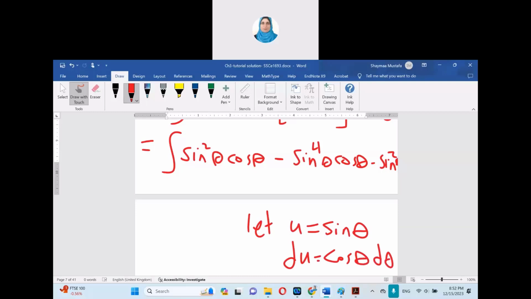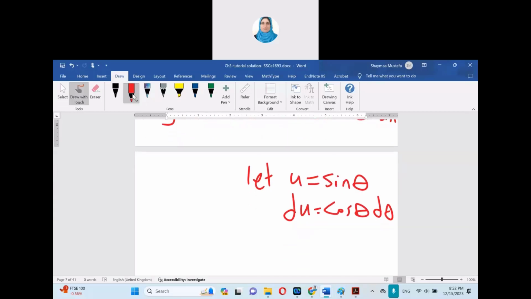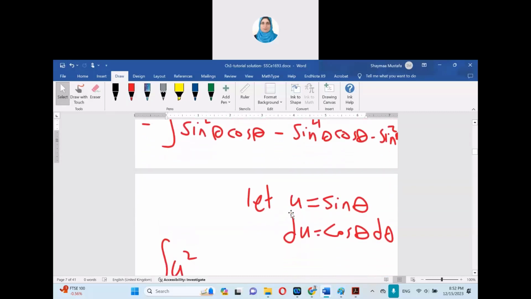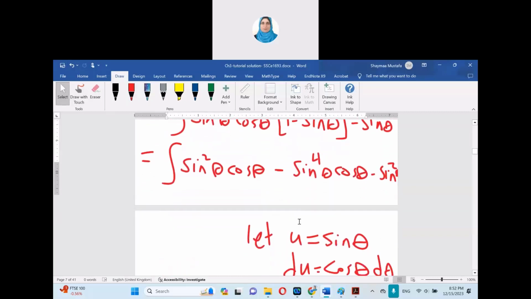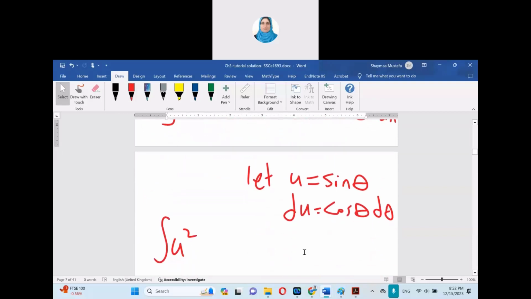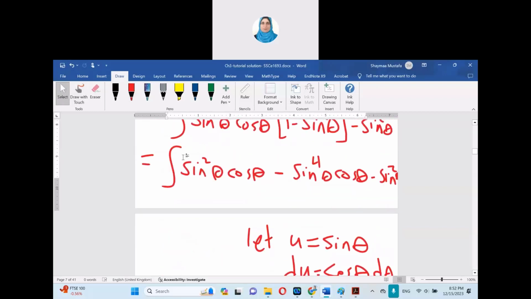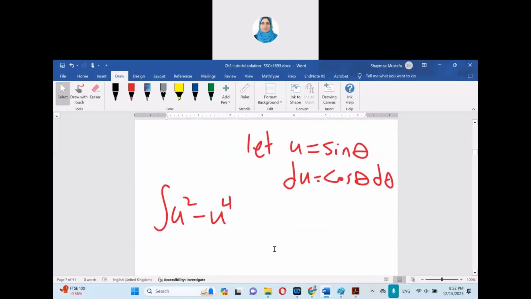So you have the integration of u square, and cos theta d theta will be du, minus u to the power 4 du, minus the integration of sine square theta.